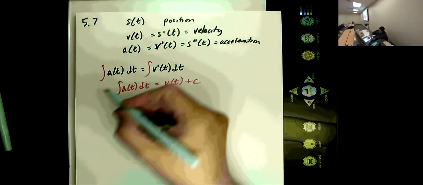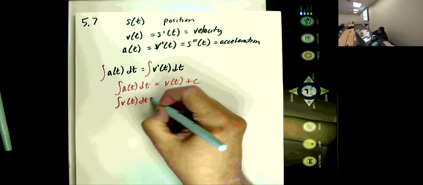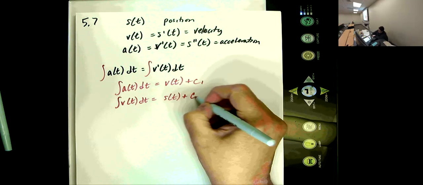And the same thing goes with integrating velocity. It gets you the position function. Maybe I'll say C1 and C2.